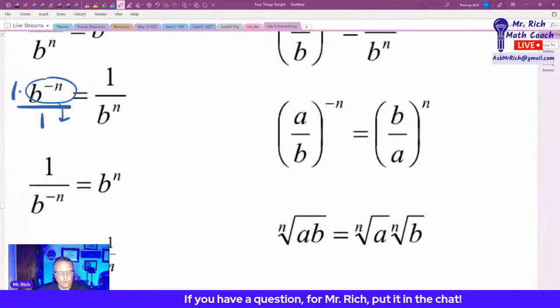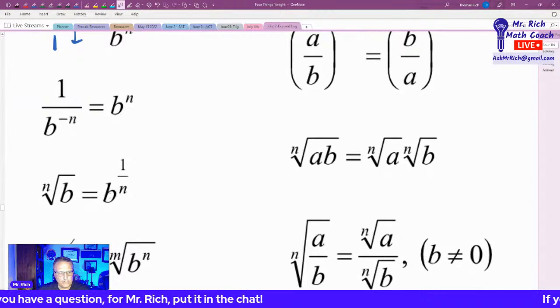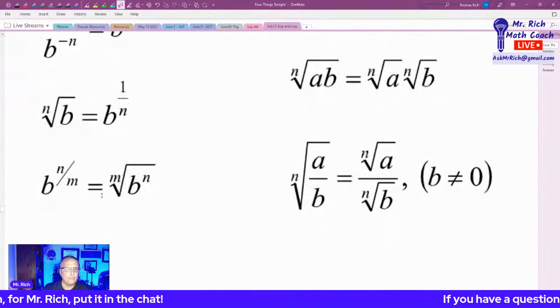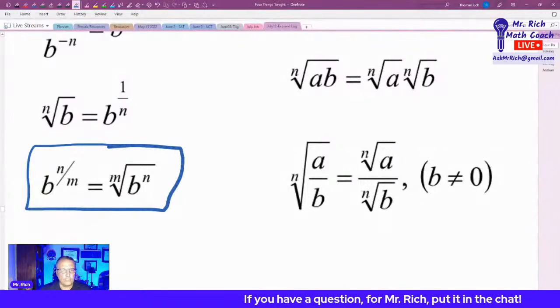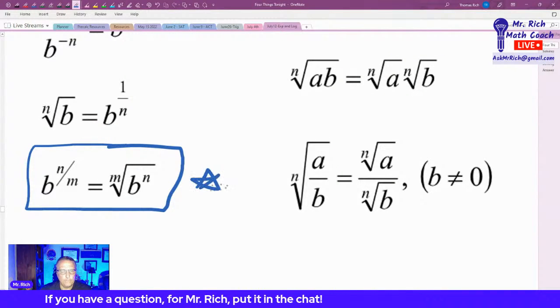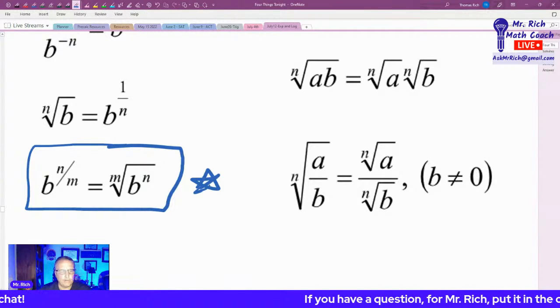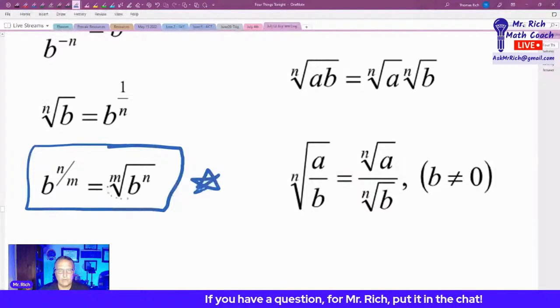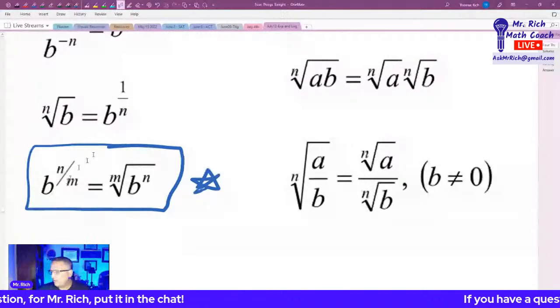This isn't really part of this particular session, but you definitely need to know how to convert between rational exponents and radicals. We use that a whole lot. So you need to be very comfortable with simplifying radicals and also converting between rational exponents and radical form.